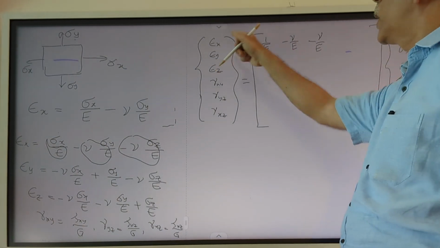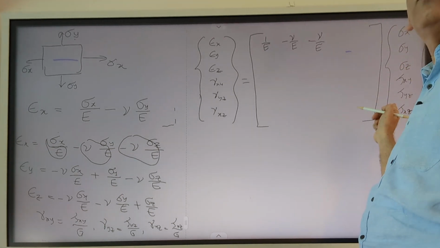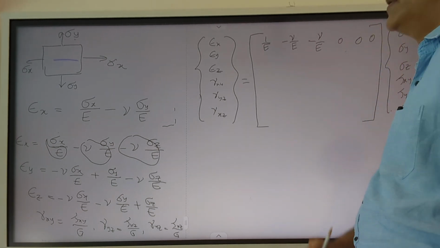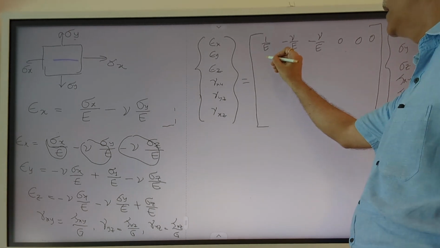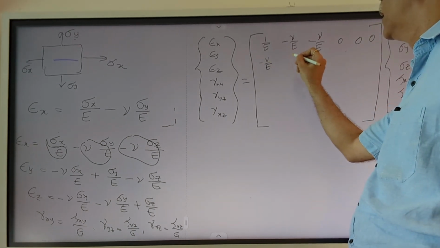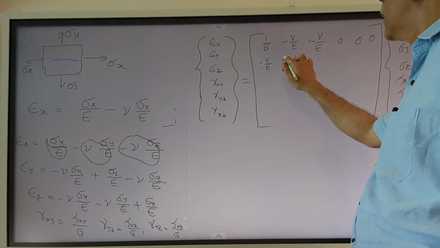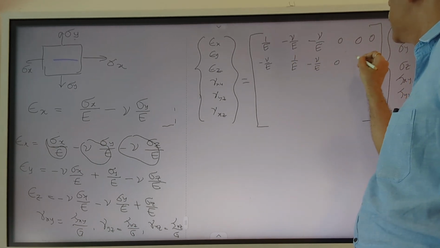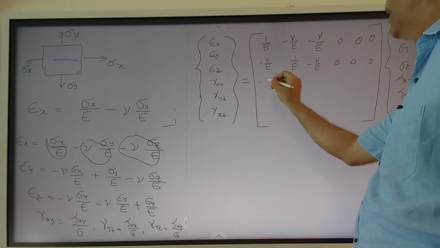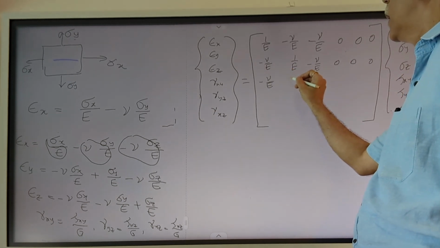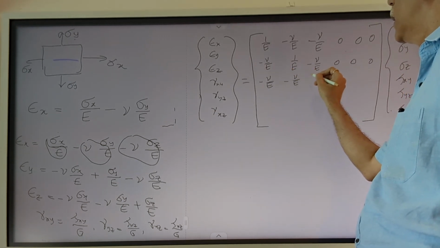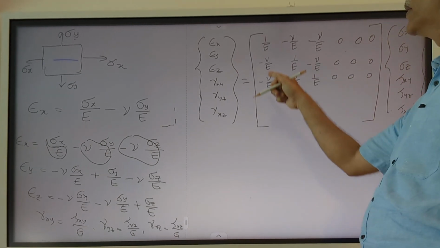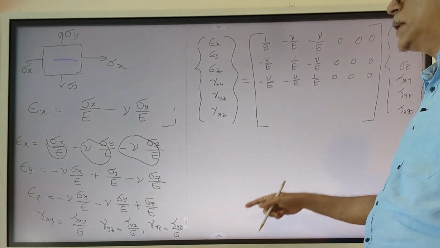So is epsilon x depending on tau components? They are not. So this would become 0, 0, 0. In the second row, you will have minus nu by E, plus 1 by E, minus nu by E, 0, 0, 0. In the third, minus nu by E, minus nu by E, 1 by E, 0, 0, 0. So these are the first 3 equations.